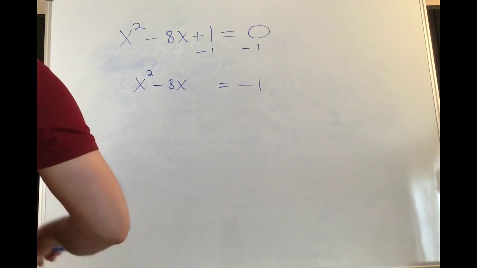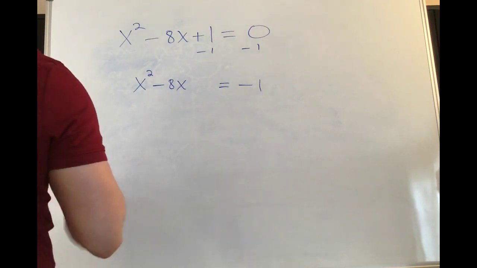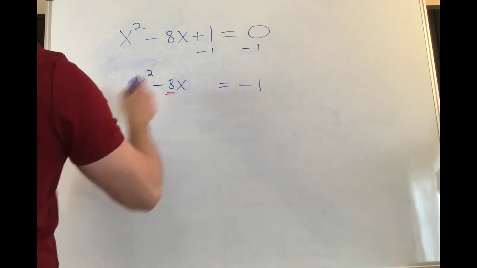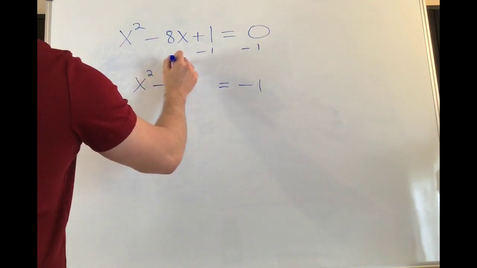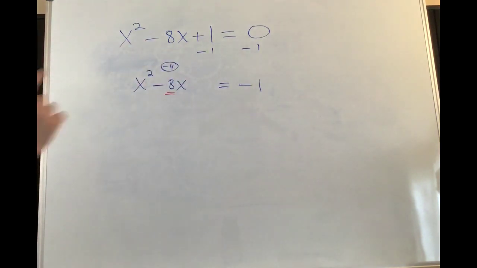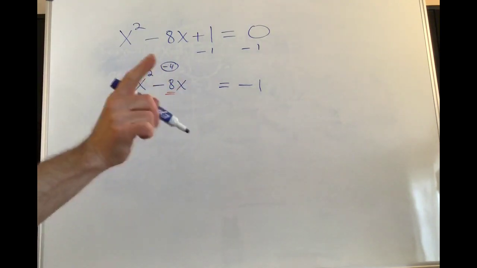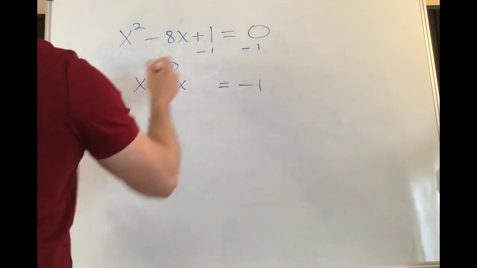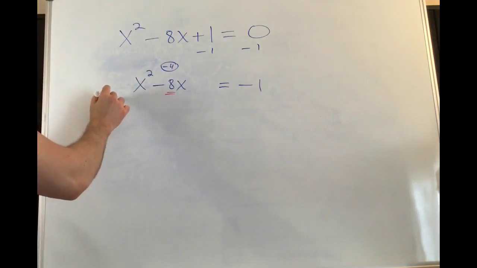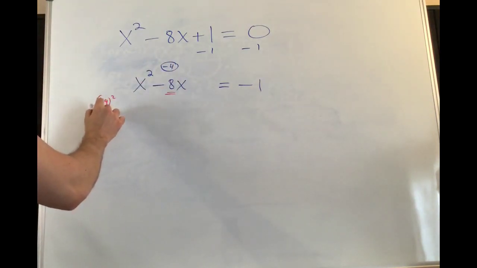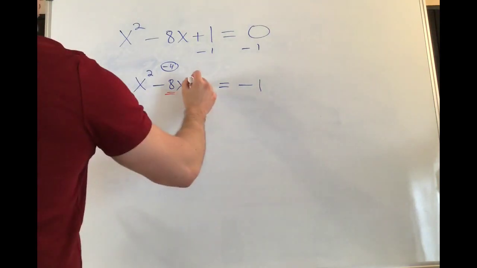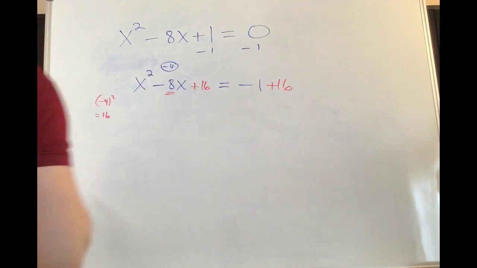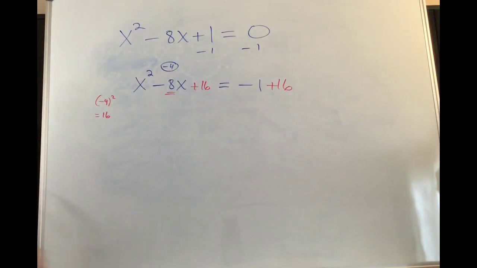Whatever number was in front of the x, you cut that number in half, and you put a little circle around it. You square that number, and you add it to both sides, right? So I would do -4 squared, which is 16, and I would add a 16 here, and I'd add a 16 here, right?